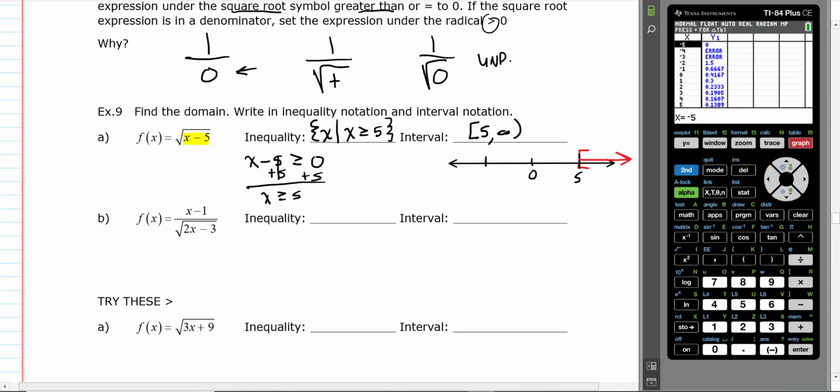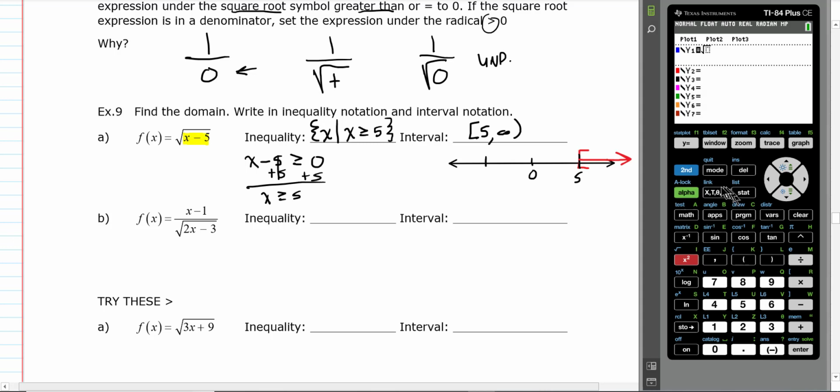So let me show you what happens on a graphing calculator on this problem. Okay, so you put this in like this. You go second x squared to get the square root to come out. Underneath that, you put x minus 5. Okay, like that, then we graph it. Well, what you're going to notice is the graph comes up for 5 and beyond.